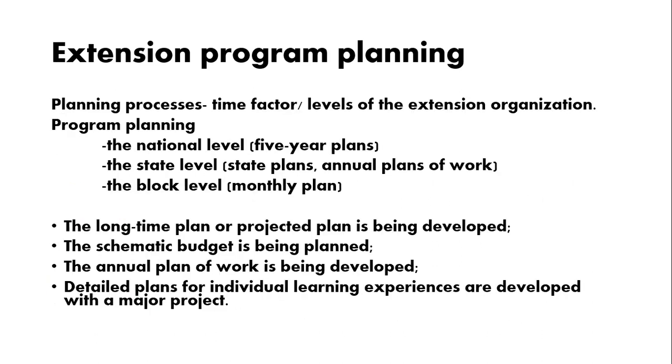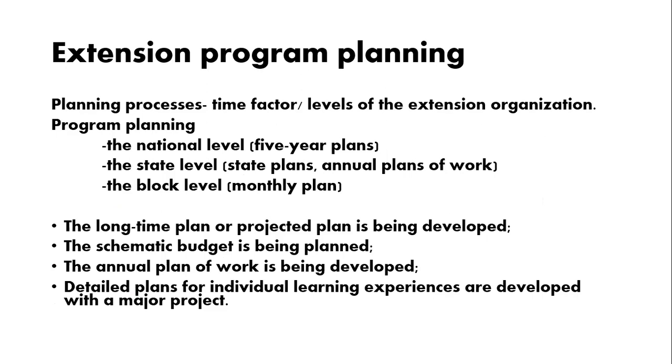So when you look at the planning process, the time factor and the level of the extension organization are highly influenced, right? Take as an example a program plan at the national level. That is why I told you time factor and the level of extension organization. This depends.